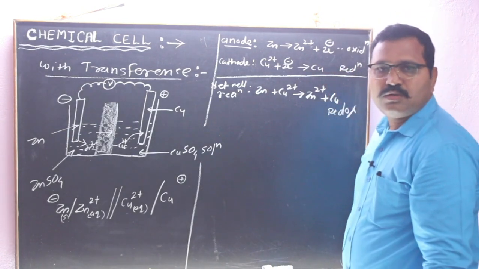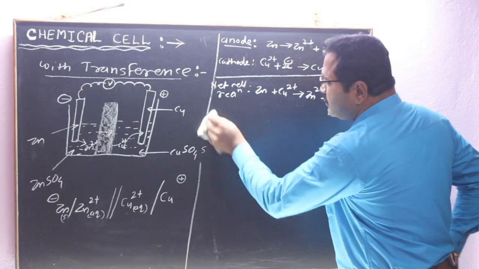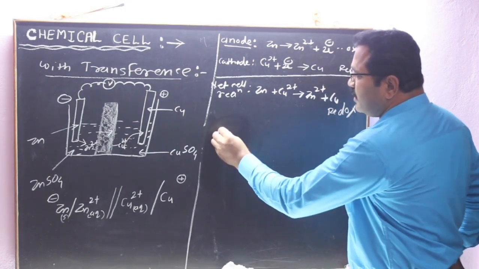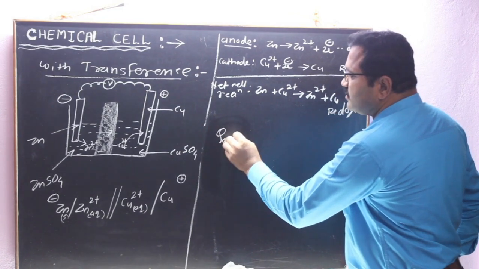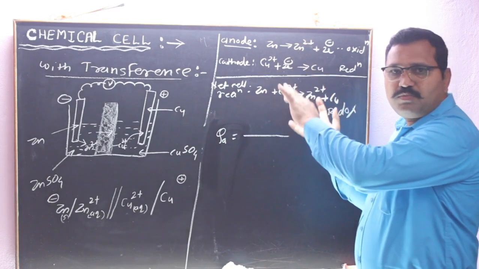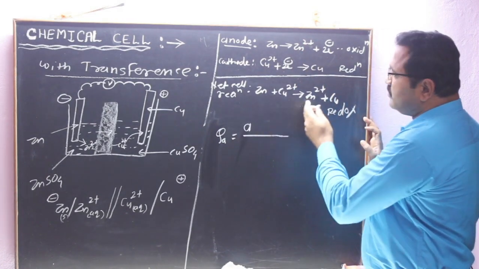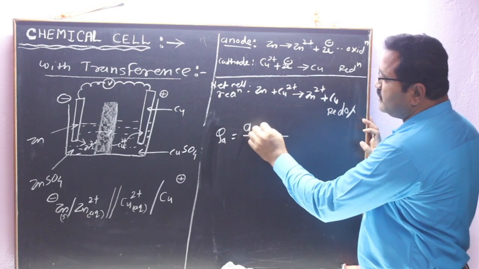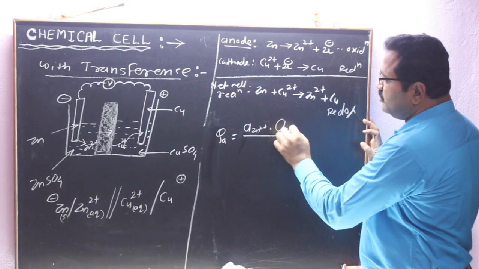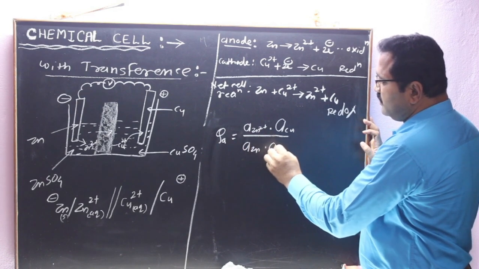Now, what is the reaction quotient for this reaction? Q_a, reaction quotient, is activity of product upon activity of reactant. That is, activity of Zn2+ into activity of Cu divided by activity of Zn into activity of Cu2+.